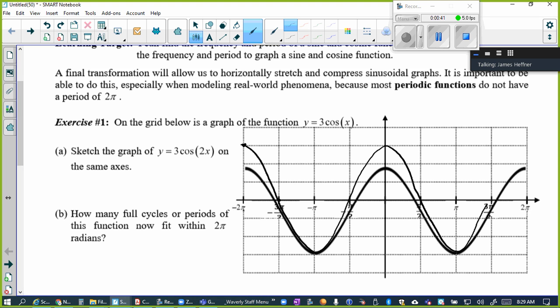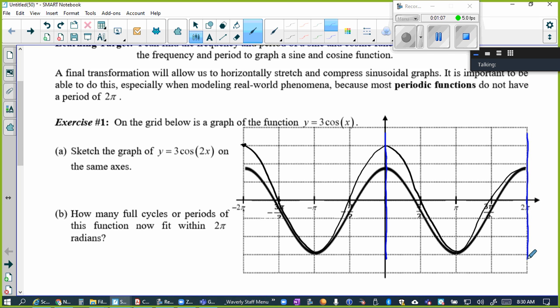All right, that's what it should look like. Now, remember, one full cycle, in this particular case of a cosine curve, is the distance it takes to go through one cycle. So from here, you see it finishes the cycle here, and then it just keeps repeating that same thing.